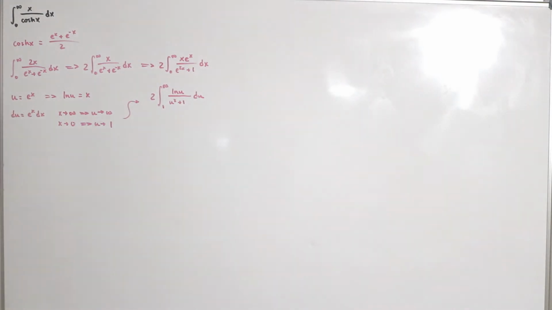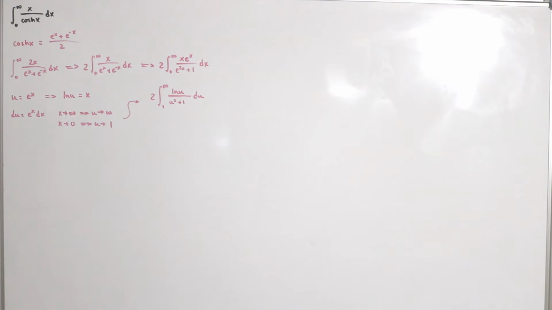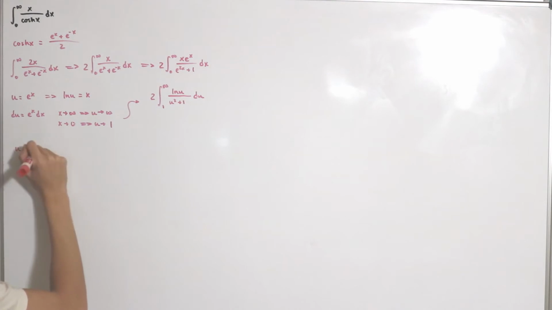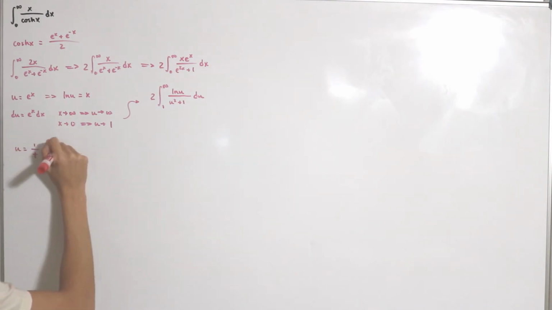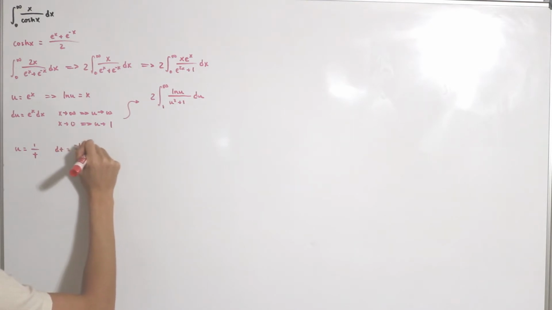Okay, nice. Now we're going to do another substitution. This time I'm going to take the crazy approach and let u equal 1 over t. Then du is equal to negative 1 over t squared dt.